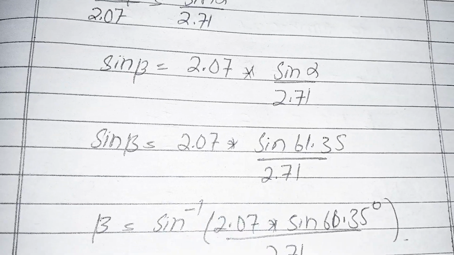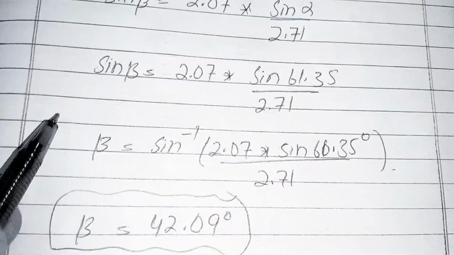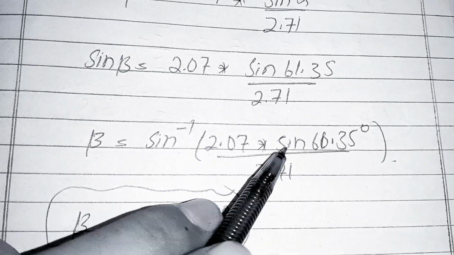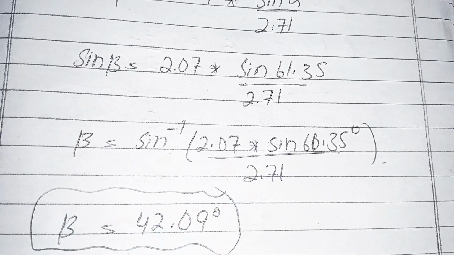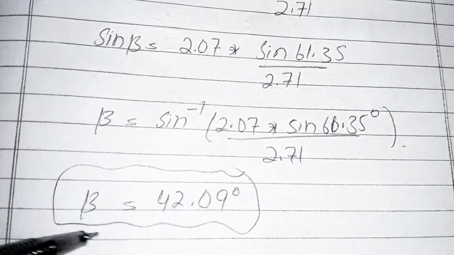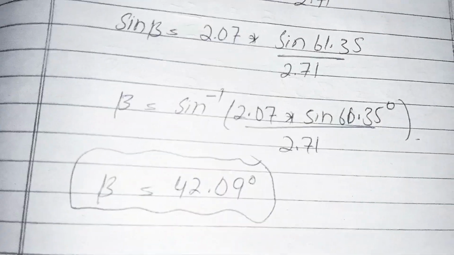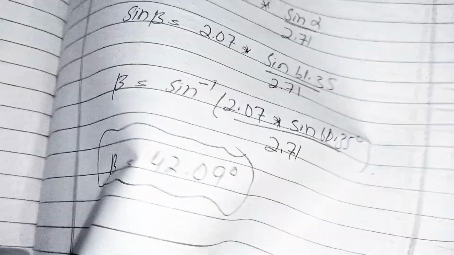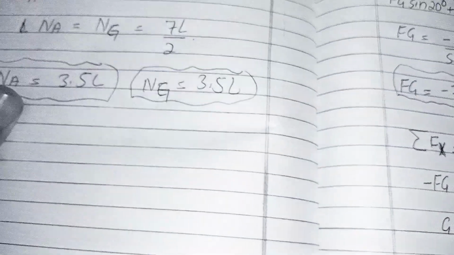So beta will equal sine inverse of 2.07 multiplied by sine 61.35 divided by 2.71. So beta will become equal to 42.09 degrees.